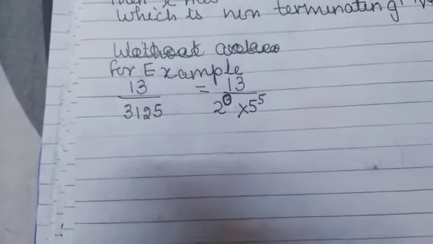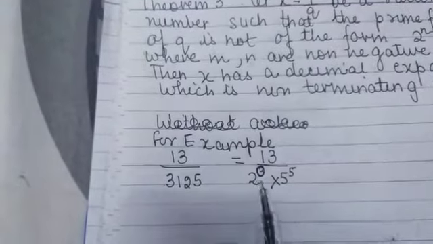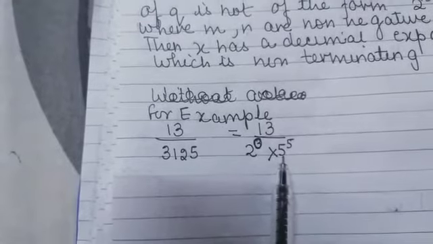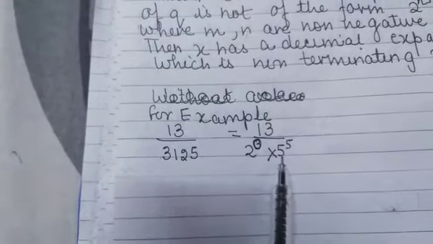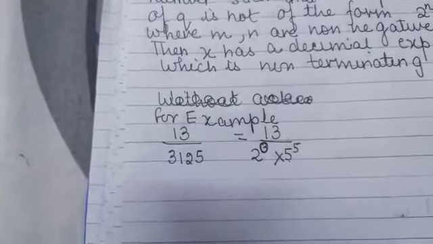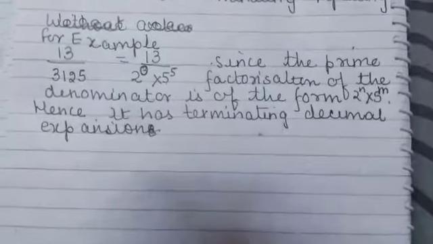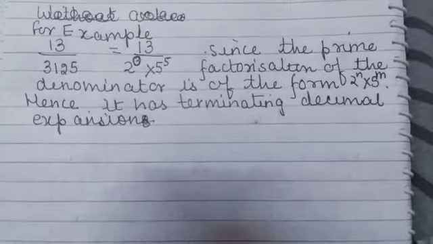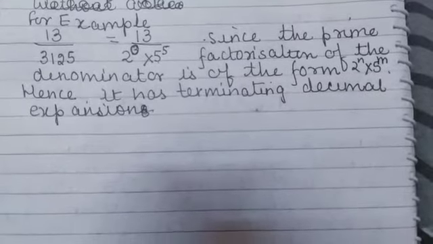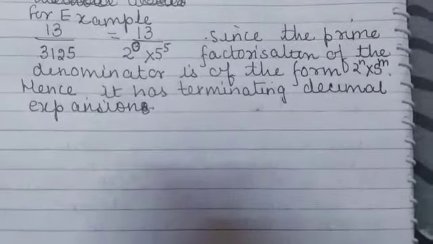So in place of 1, I can write 2 to the power 0 also. So it has both 2 and 5 in the denominator. Right. So what is it? It is a terminating decimal expansion, since the prime factorization of the denominator is in the form 2 to the power n into 5 to the power m, hence it has a terminating decimal expansion.